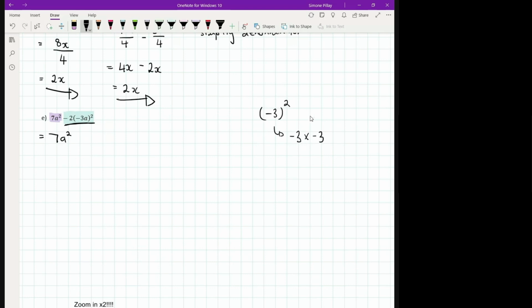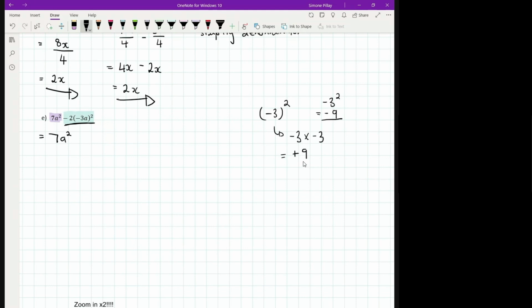If it was just negative 3 squared, the square is not applied to my negative, only to the 3, so my answer would have been negative 9. But here it's a negative and a negative, which gives me a positive.